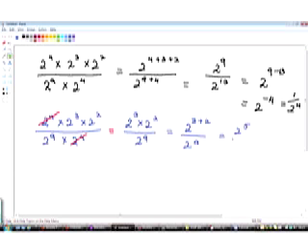So what I have is 2 to the power 5 minus 9, which gives me 2 to the power negative 4 again, which is equal to 1 over 2 to the power 4.